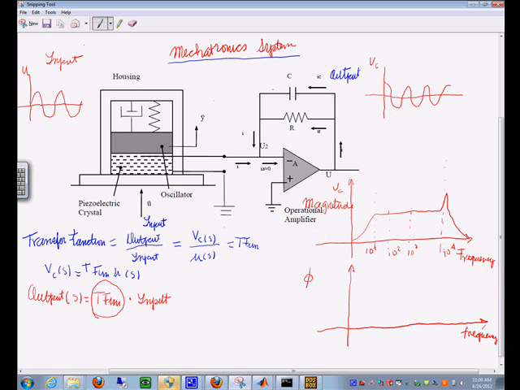So this is the phase. And this might do something like this. But again, we have a 10 to the 1, 10 square, like this. This set of both of these plots is called a Bode plot.